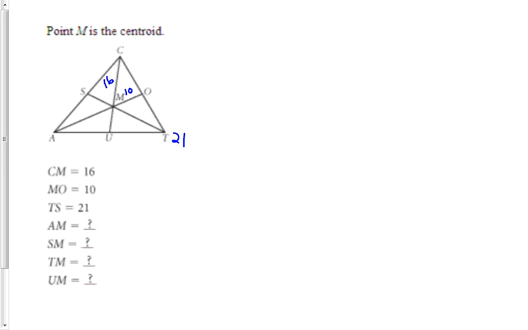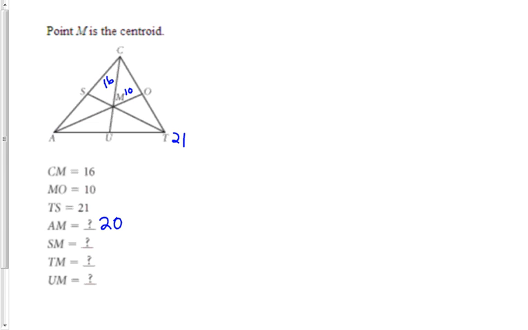AM, the distance from A to M, well, that distance is going to be twice as long as the distance from M to O. So if MO is 10, then AM has to be 20, right? So AM is 20. Perfect.